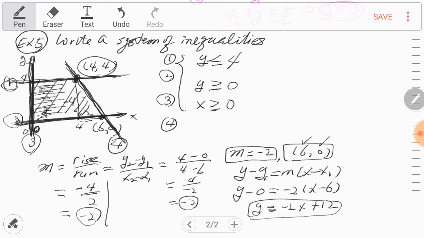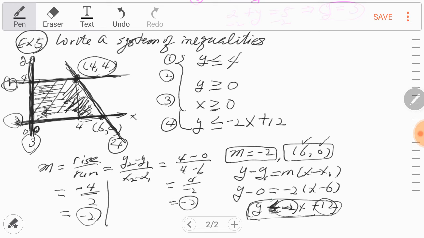The solution is below the line. This equation is written in slope intercept form, and if the area is below, we use the less than symbol. So the fourth inequality is y is less than or equal to negative 2x plus 12.